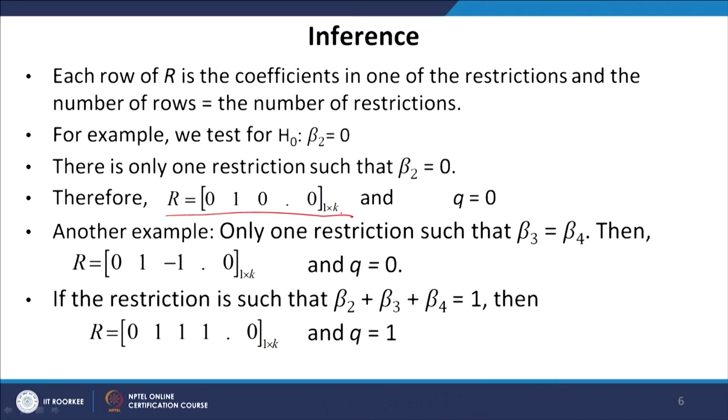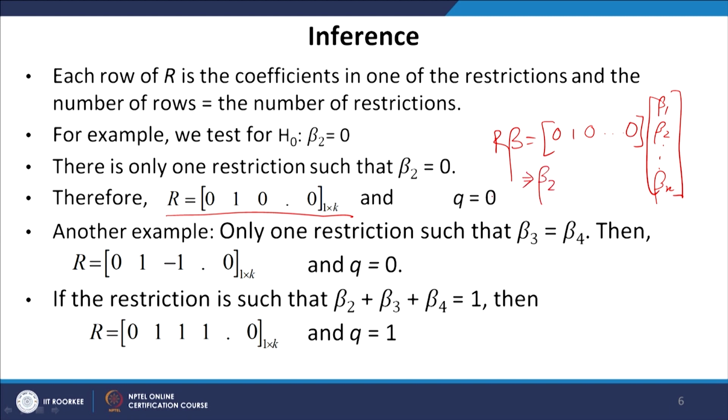Therefore, we write R equals 0, 1, 0, 0 and so on, because in that case R multiplied by beta will be 0, 1, 0 multiplied by beta 1, beta 2, to beta k, and if I multiply these two things, you can see that this leads to only beta 2, and given that q equals 0, I have beta 2 equals to 0. That is how one restriction can be written in this format.